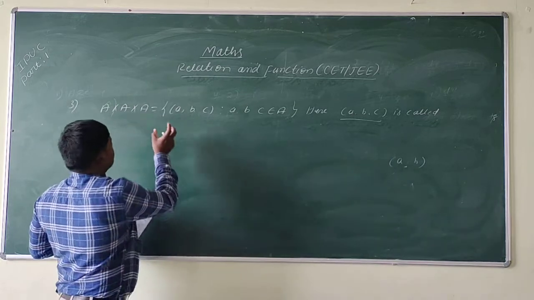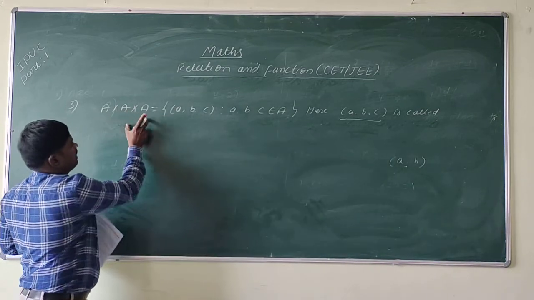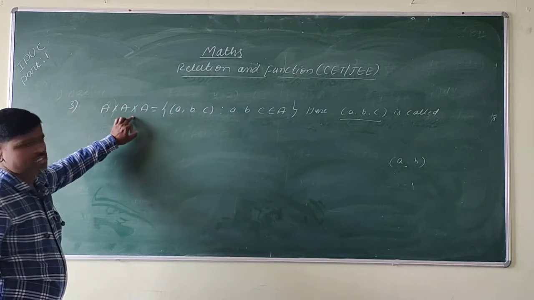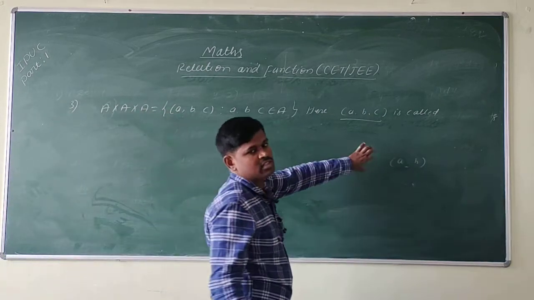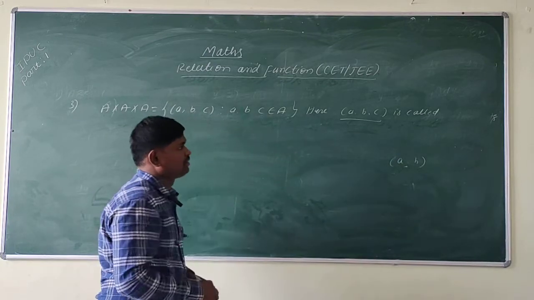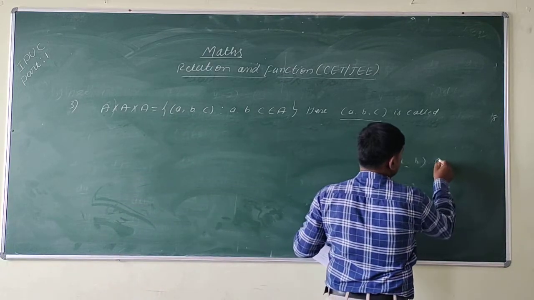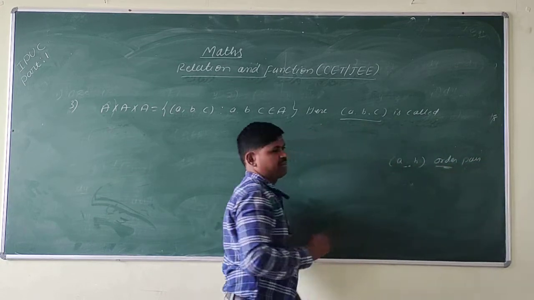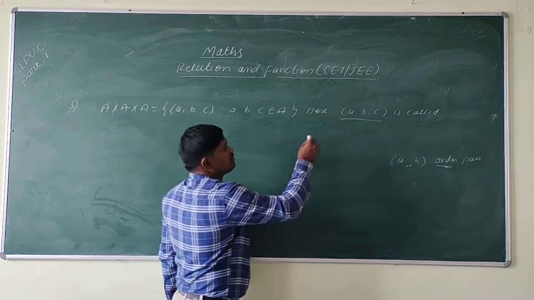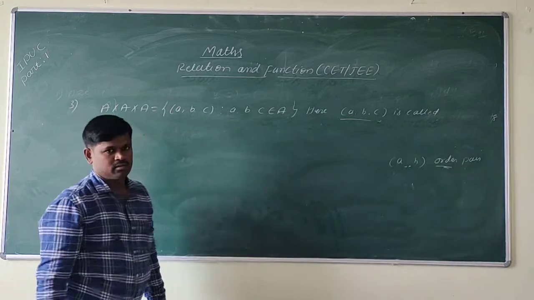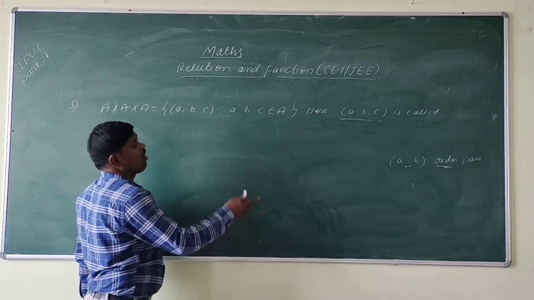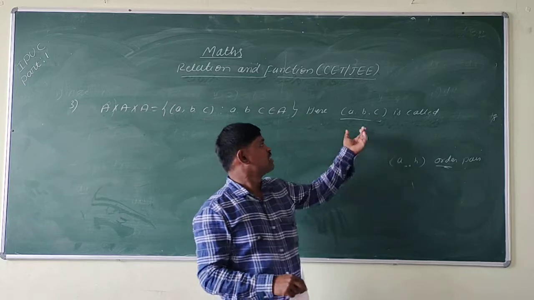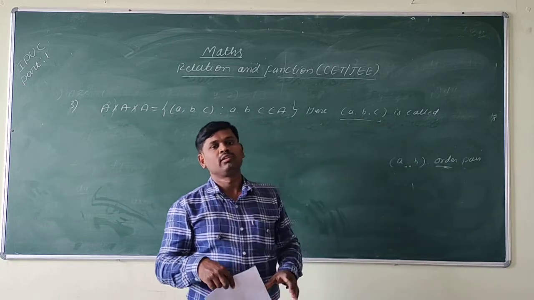So A cross A cross A is the Cartesian product of three sets, extended from the Cartesian product of two sets. An ordered pair means a pair of elements listed in a specific order, but here three elements are listed in a specific order, so that is called an ordered triplet.